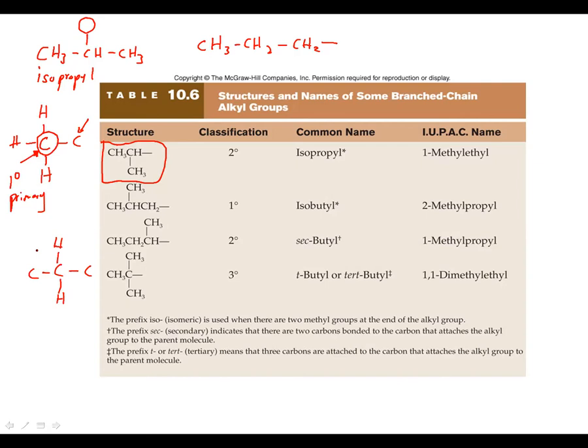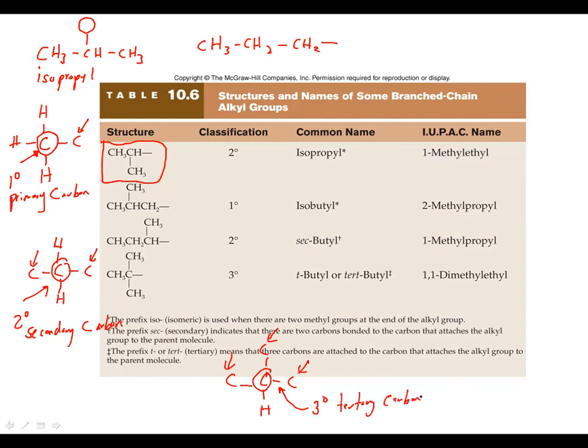And that is what is known as a secondary carbon. And you also could have a carbon that is attached to 3 other carbons. So again, if we look at this carbon here, it's 1 carbon there, 2 carbons there, and 3 carbons there. And this is what is known as a tertiary carbon.